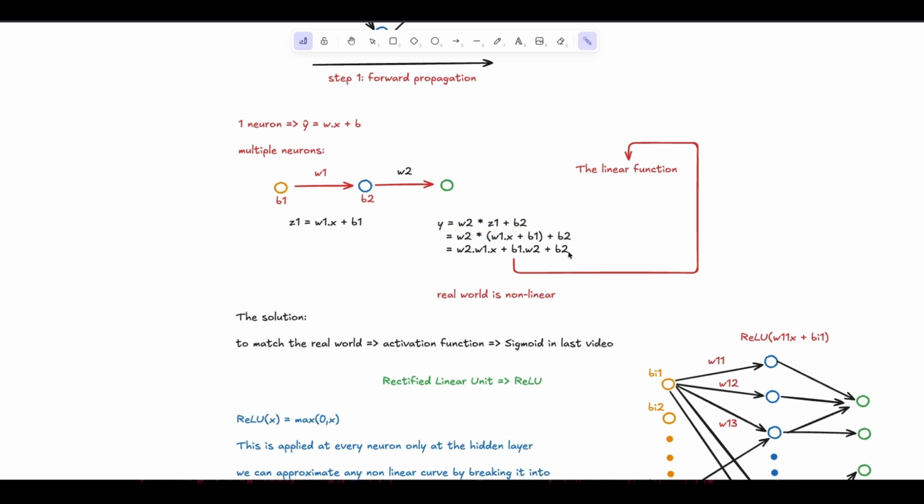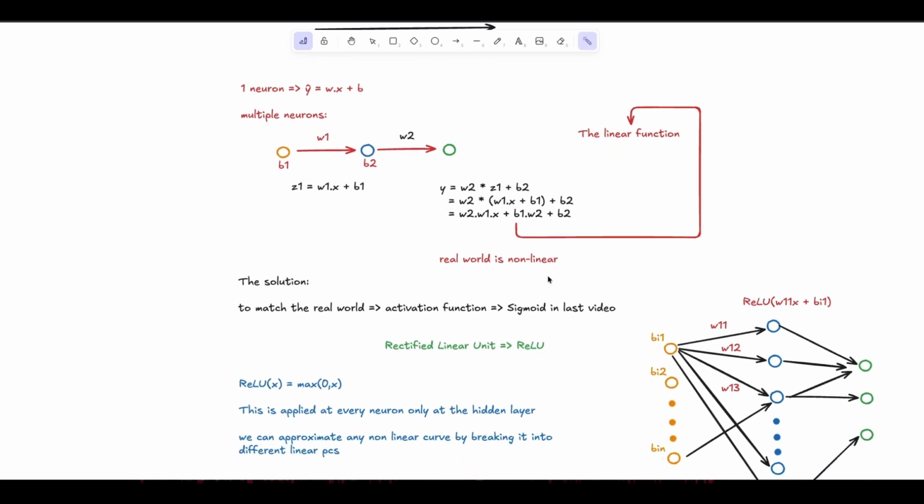If we expand this, y equals w2 times (w1 times x plus b1) plus b2, which simplifies to y equals w2 times w1 times x plus w2 times b1 plus b2, which is again a linear function of x. So no matter how many neurons or layers you stack, if you don't do anything special, the output is always just a linear function.